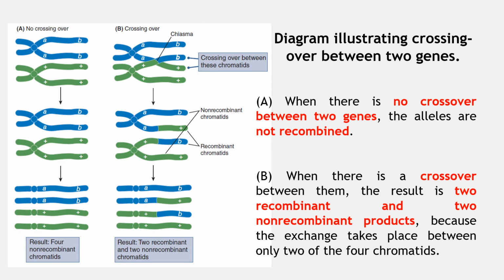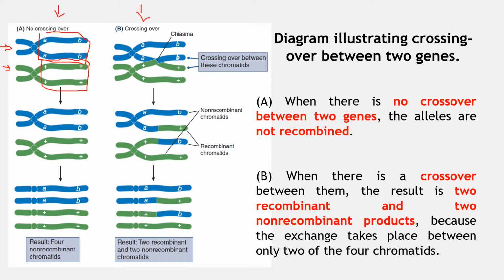So first thing that I want you to remember is this very easy diagram that they show you in your textbook. There is a section A and there is a section B. In section A, they show you an example when there is no crossover. You have one chromosome that is blue, that is the parental, and one chromosome that is green, that is the parental. And here you have plus, the symbol for wild type, and here they have possibly two mutations.